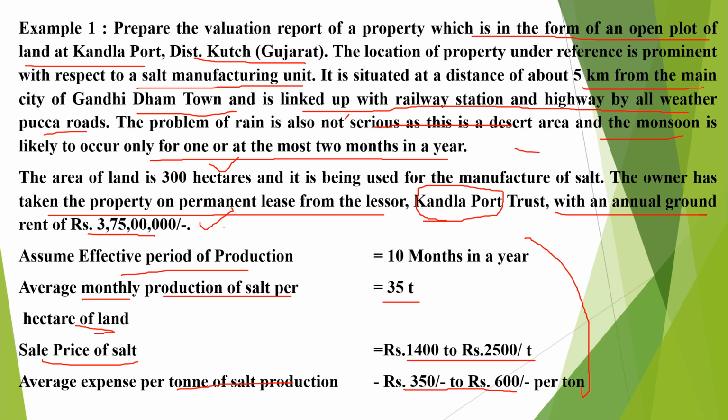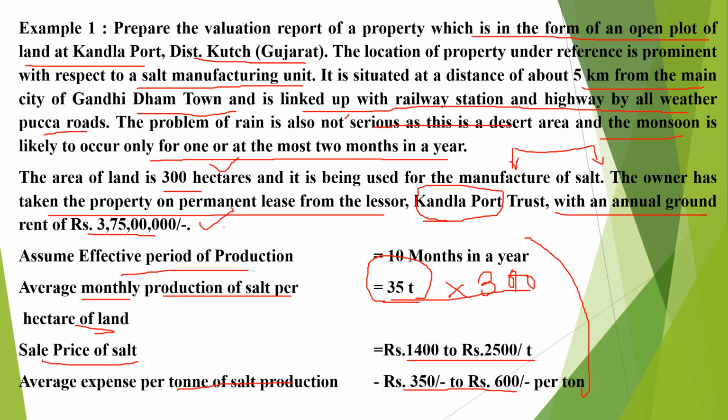This is important from your calculation point of view. So what you will do? First of all, you know the average production of salt per month per hectare is 35 ton and the total area of the land is 300 hectares. So how much salt can be produced per month? It will be 35 into 300. This will be the amount of salt which can be produced per month.